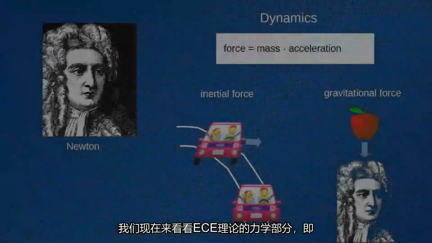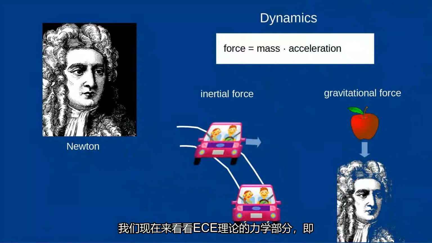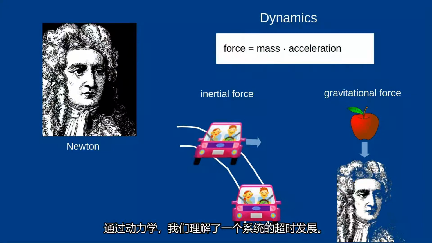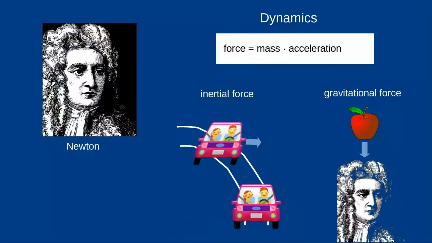We now come to the mechanical sector of ECE theory, namely the laws of dynamics and the ECE theory of gravitation. By dynamics we understand the development of a system over time. According to Newton, it follows from the law, force equals mass times acceleration. We first clarify that acceleration is a force field that can arise from either an inertial force or a gravitational force.